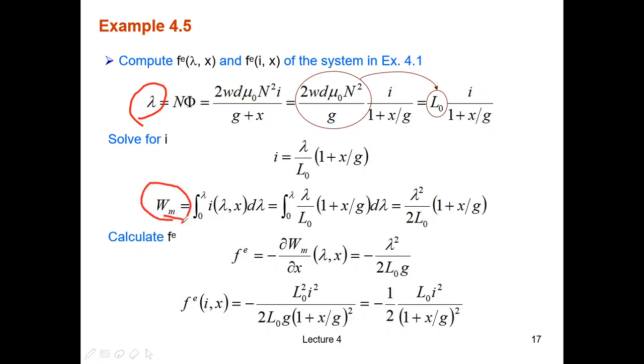After you have the expression of Wm, you can apply the formula we just developed to calculate the force created in that structure by electrical origin. This is the force created by electrical energy, and that's why we have the small e here, to remind you it's from electrical. Then you can plug in the expression for lambda, and you have the final expression down there.